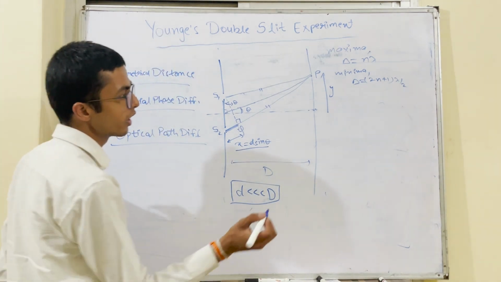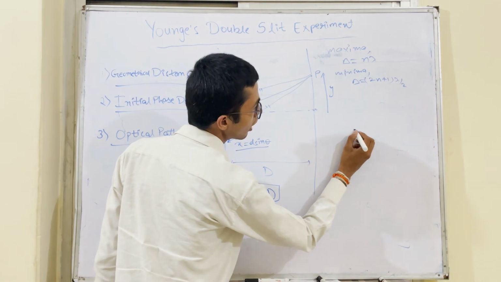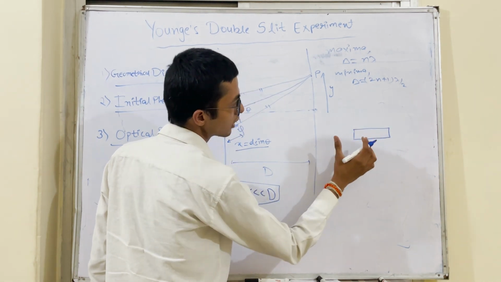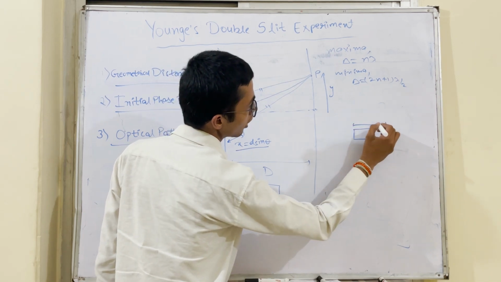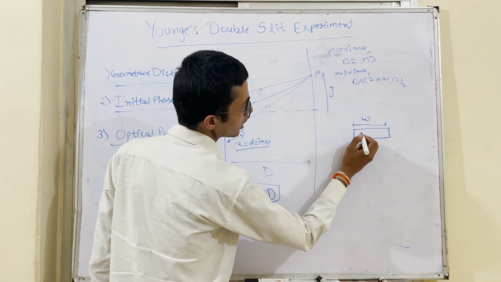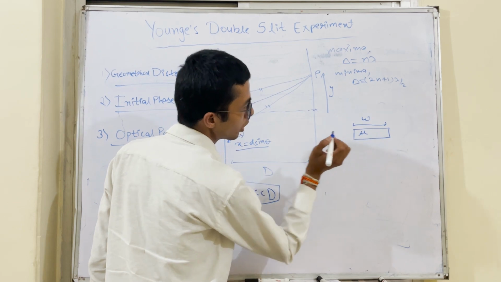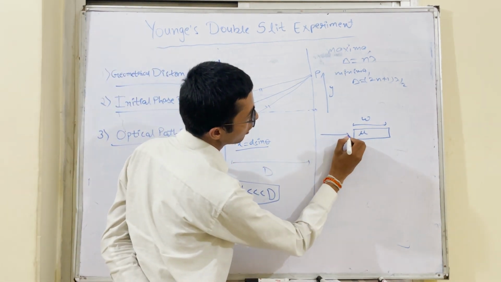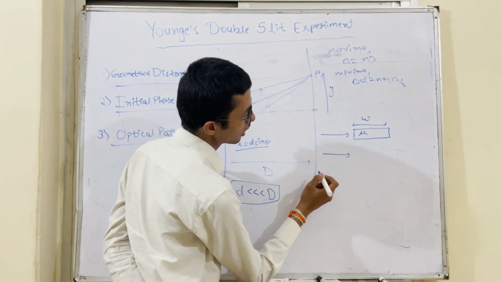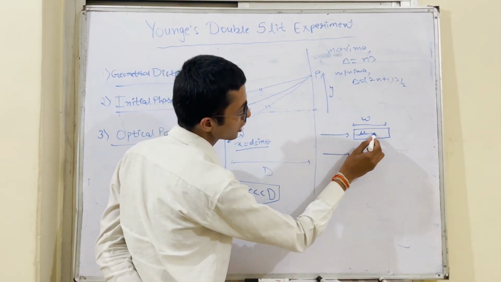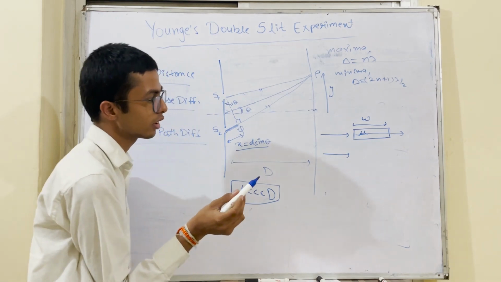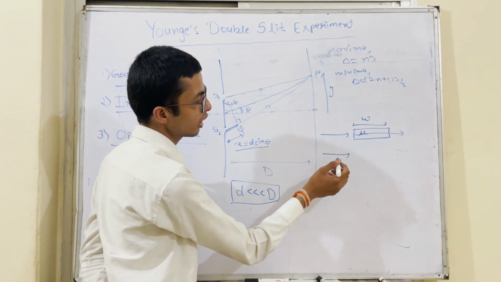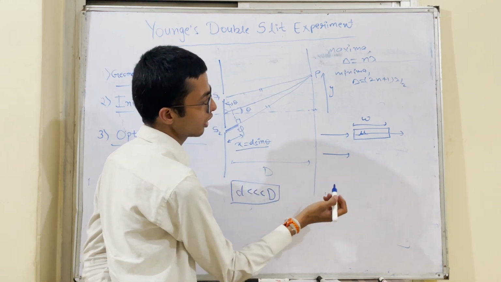What is this? Suppose I am taking this slab of width w. Its refractive index is mu. And two waves are traveling, one through this slab, which is of refractive index mu, and one wave traveling through air only.